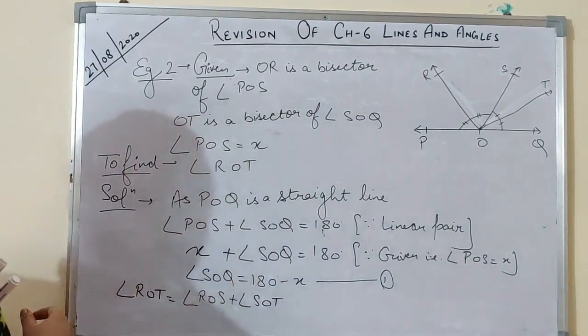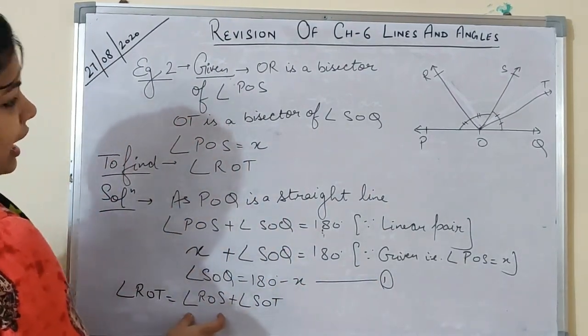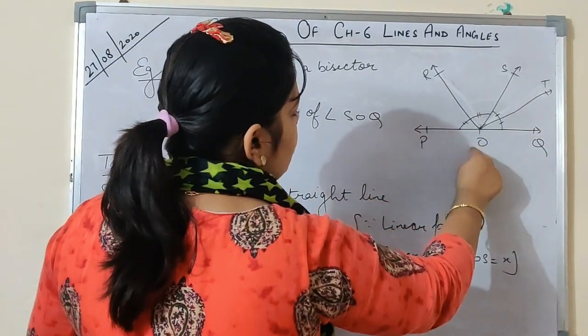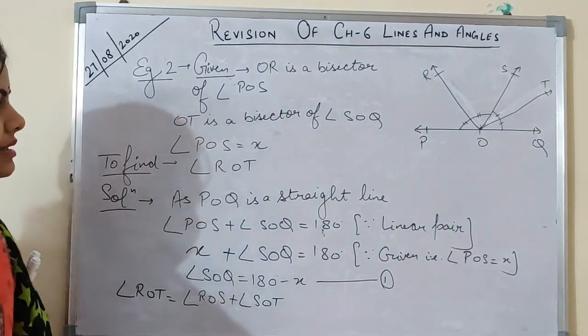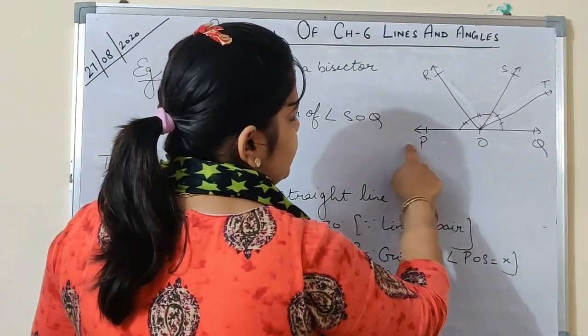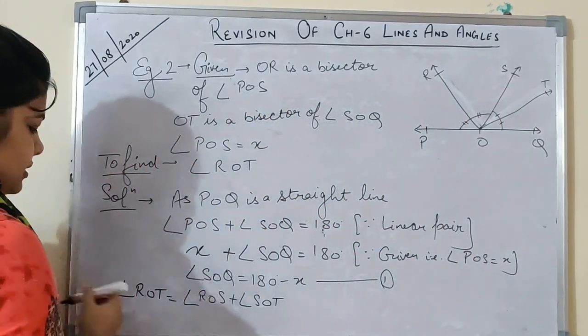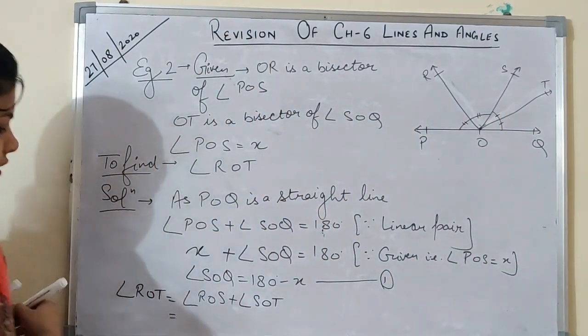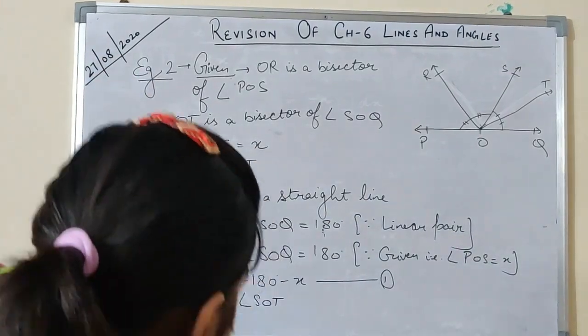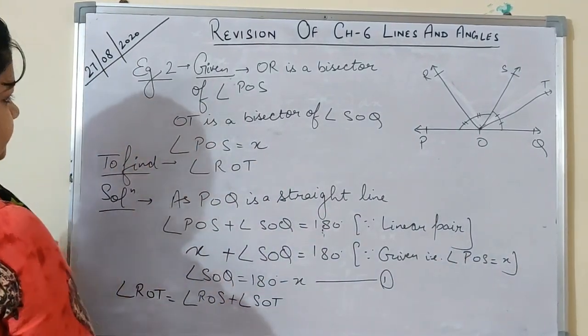After this, as we know that angle ROS can be written as half of angle POS. Yes, so I'm writing over here. I'm writing on the top from here.